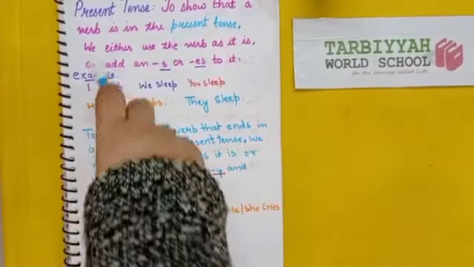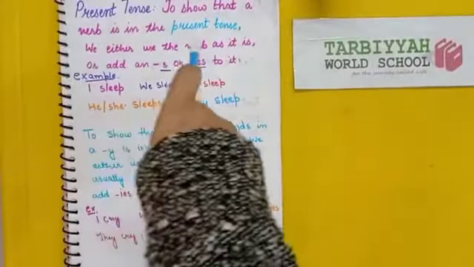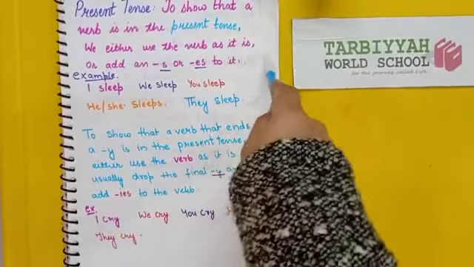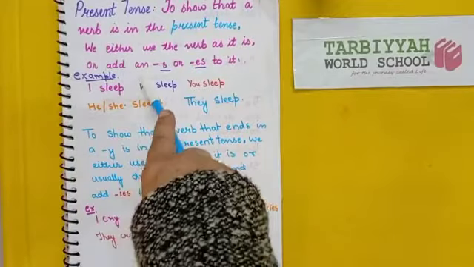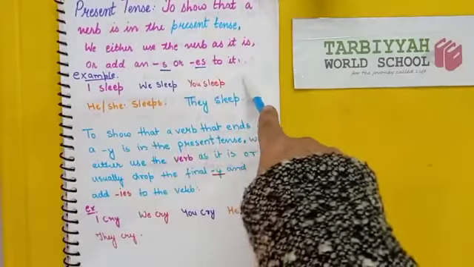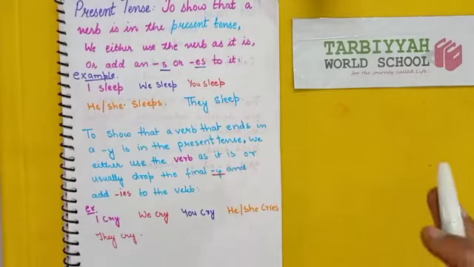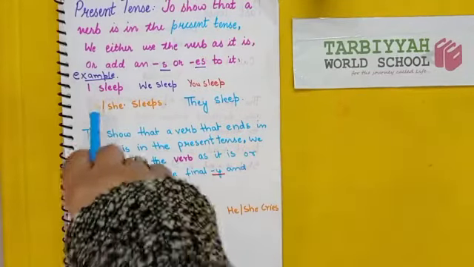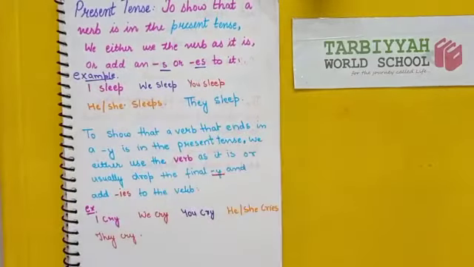See, present tense. To show that a verb is in the present tense, we either use the verb as it is or add an s or es to it.